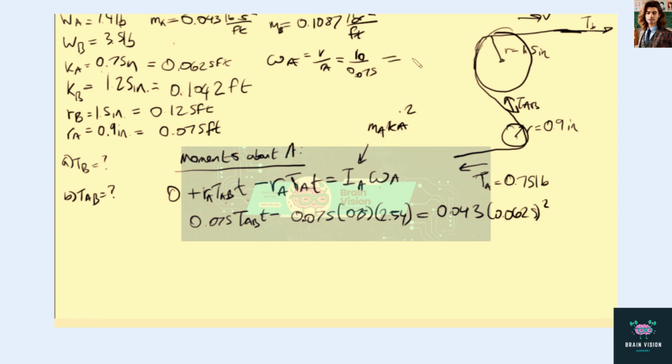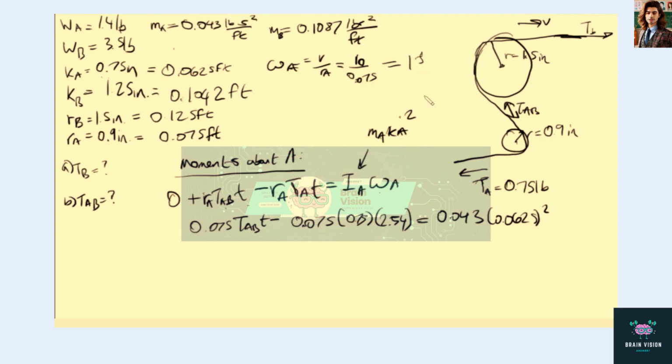So this gives us 133.33 radians per second.